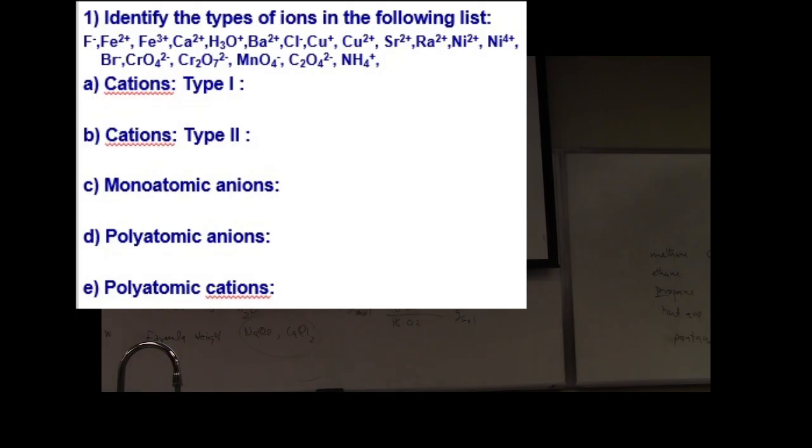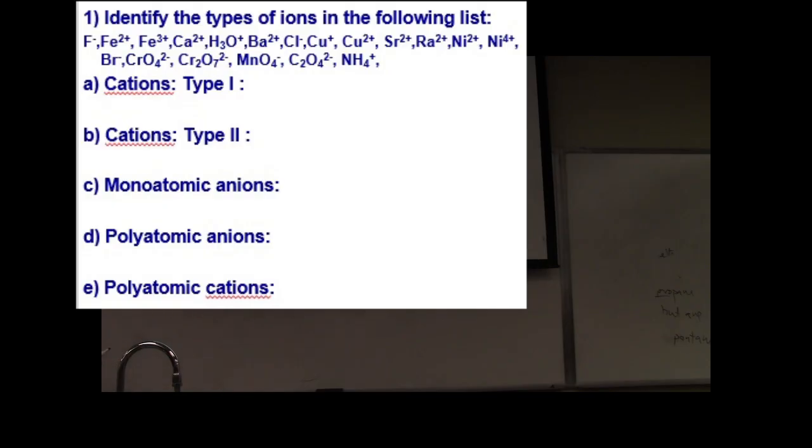Now we are going to use whatever we learn here. Identify the type of ions in the following list. Cations of type 1. Tell me what are the type 1 ions. Okay, type 1 mainly fixed charge, right?